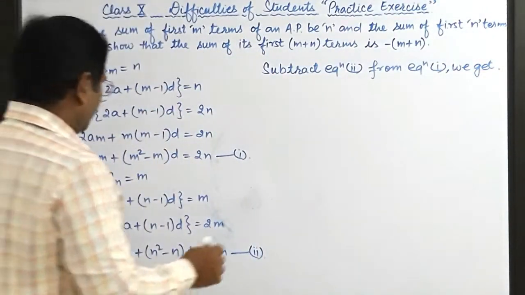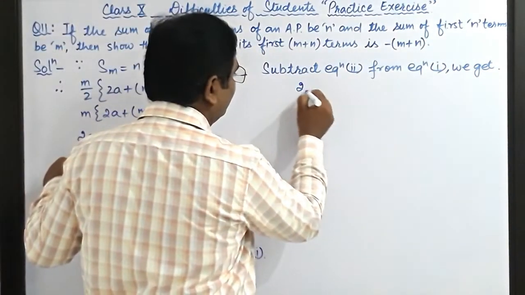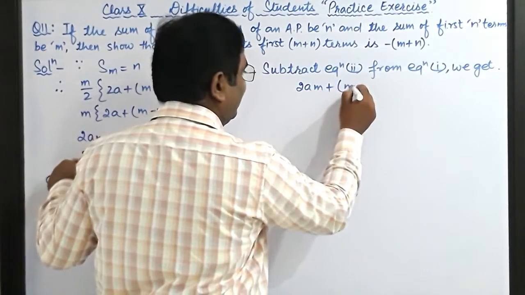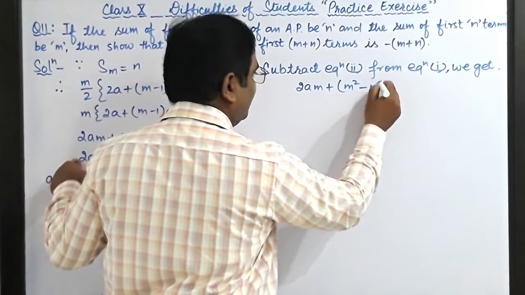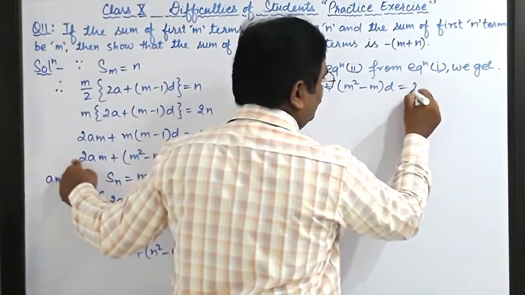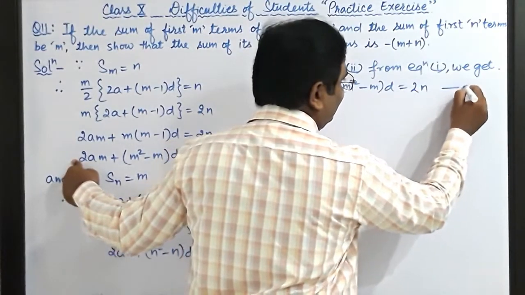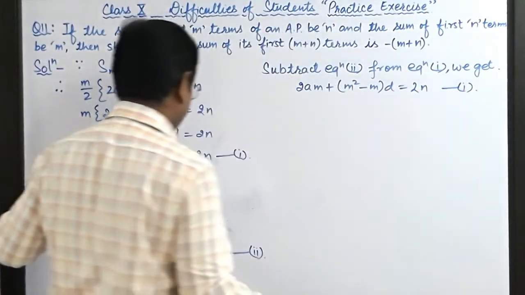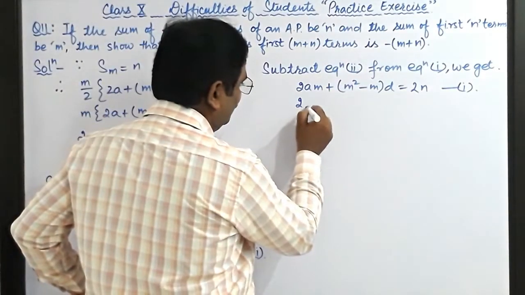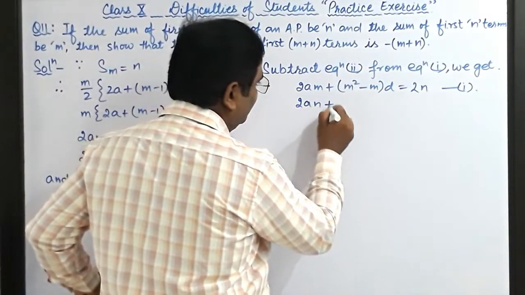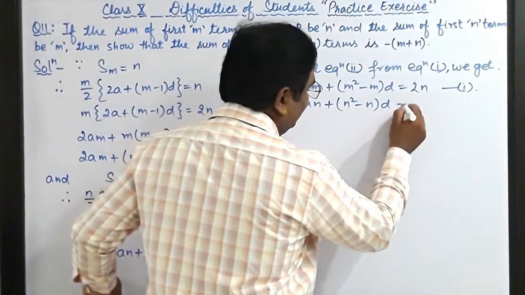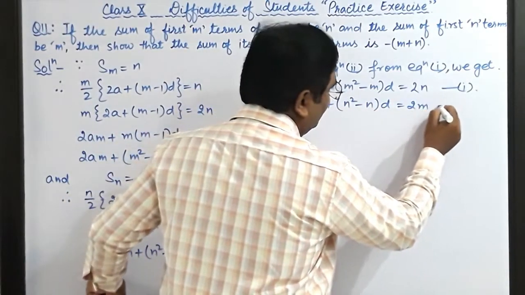First you have to write 2am plus m square minus m into d is equals to 2n. It was first. Same as equation second, 2an plus n square minus n into d is equals to 2m.